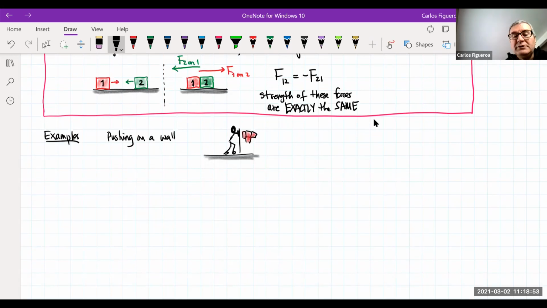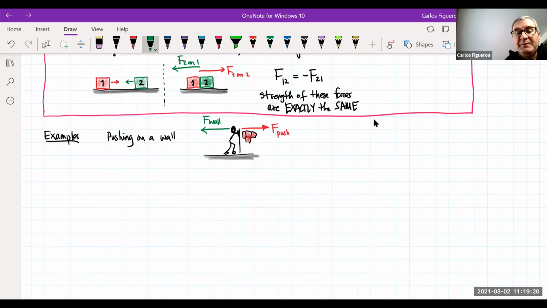According to Newton's third law, if I apply a force in this direction, this is the force of the push, Newton's third law says that there has to be an equal and opposite force of the wall pushing back.